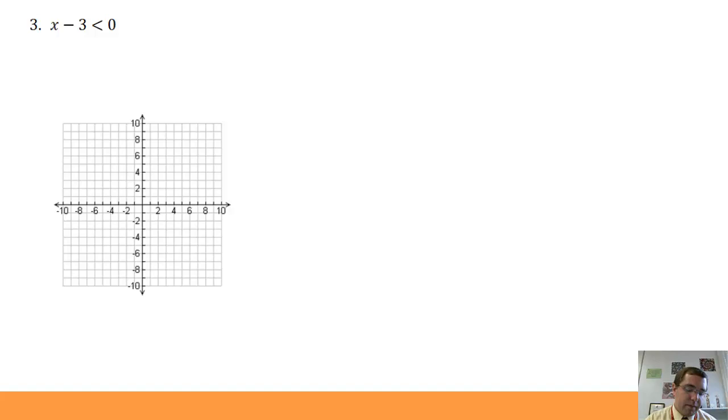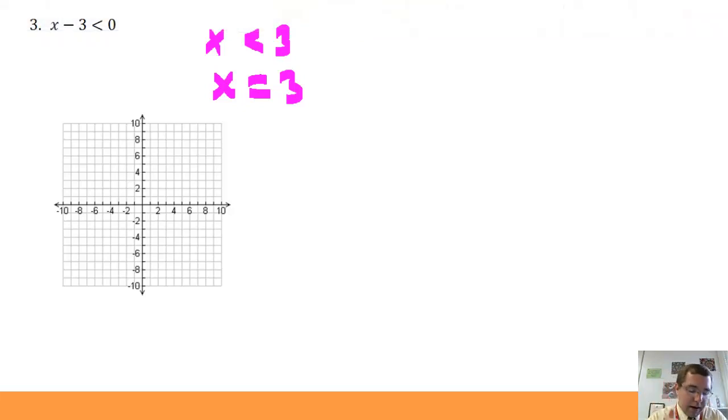Example number 3. x minus 3 is less than 0. Can I graph that if it doesn't have a y in it? Sure, I can. Let's understand what this is doing. It means that x is less than positive 3. The associated equation would be x is equal to positive 3. That is what kind of a line?